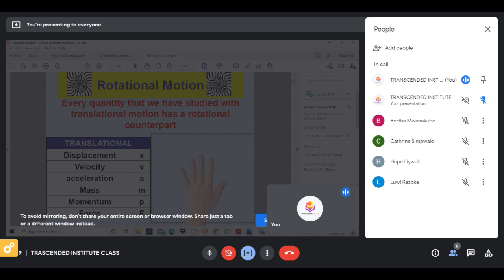What do we call displacement when we are under rotational motion? We talked about these terms the other time. Theta. I'm not asking for a symbol, I'm asking for the name. Yes, it is denoted by theta, but what's the name?